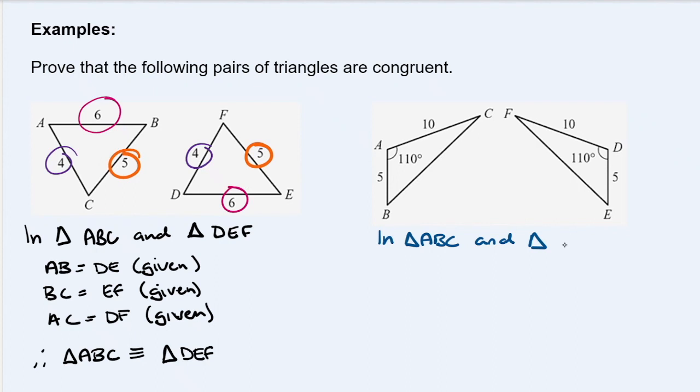We've got DEF. Alright, we know a bunch of stuff. So we know that AB is equal to DE, given in our diagram. They're equal.